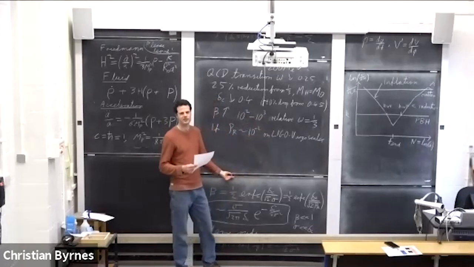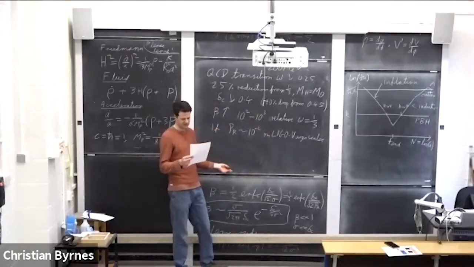Okay, so we'll overproduce them relative to the standard calculation where delta critical is a constant.